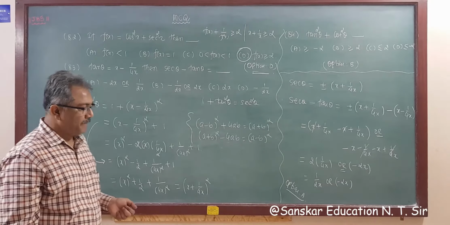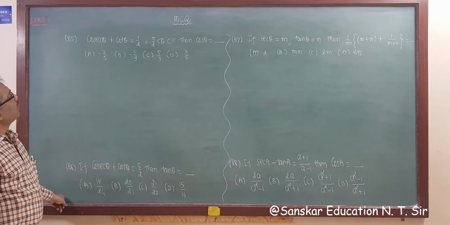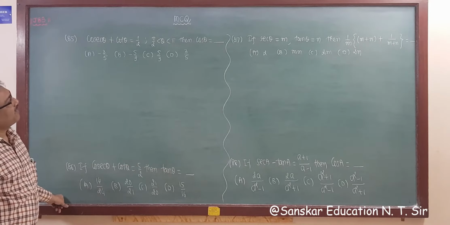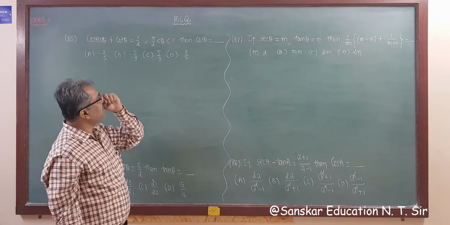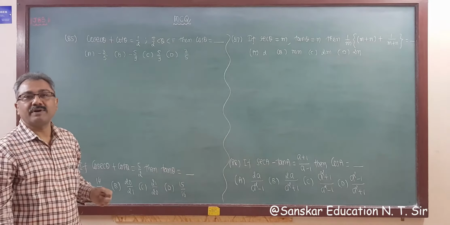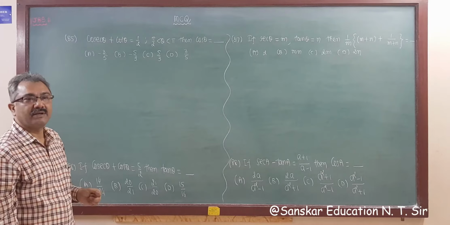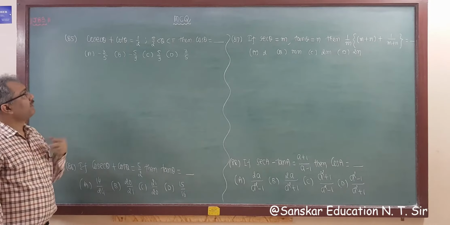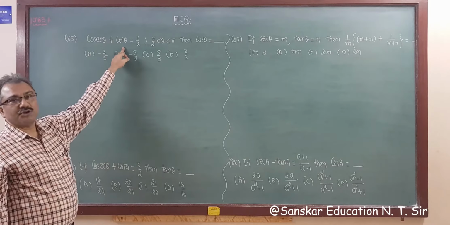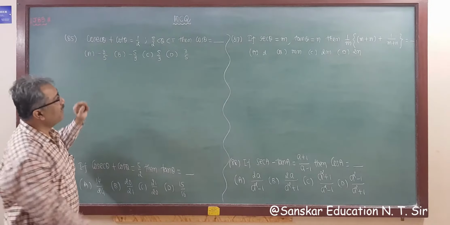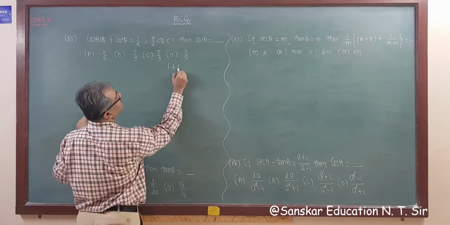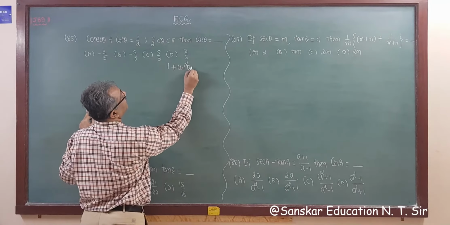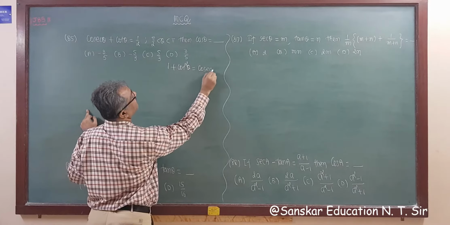Okay. Question number 85. Cosec theta plus cot theta is equal to half and pi by 2 is less than theta less than pi. Then we have to find cos theta. Now you know that cosec square theta minus cot square theta is equal to 1, because 1 plus cot square theta is cosec square theta.